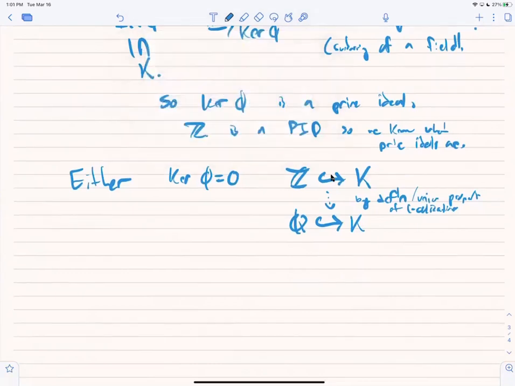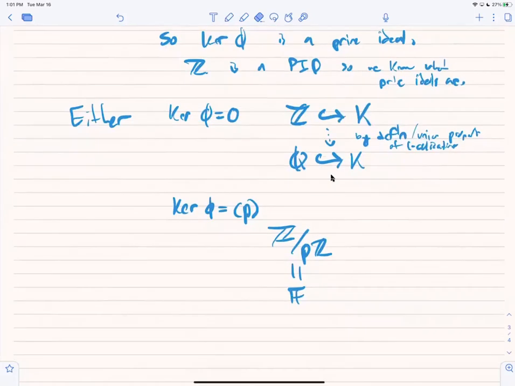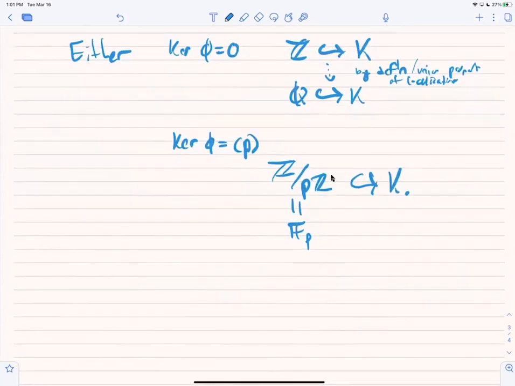Okay, so good. That's one possibility. So either the kernel of phi is equal to 0, in which case you actually have an embedding of the rational numbers into K, or the kernel of phi is equal to P, in which case you have Z mod PZ, which is equal to F_P, embedding into K. Exactly one of these two cases holds.